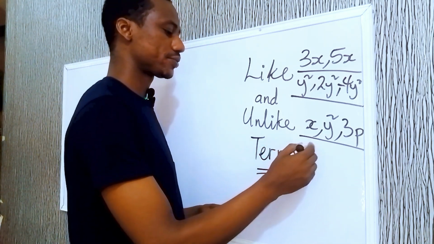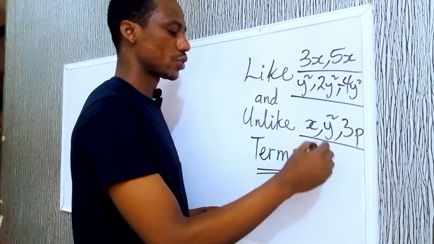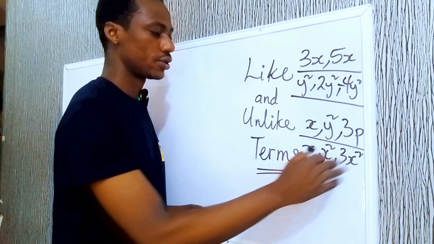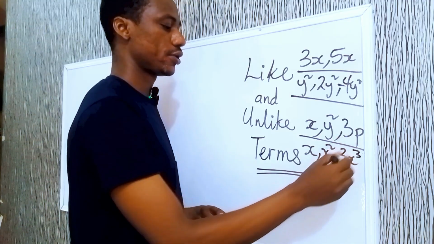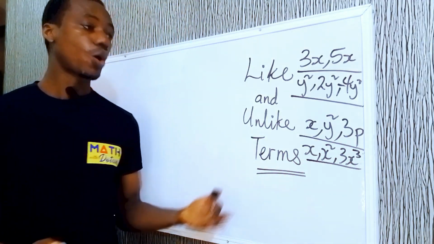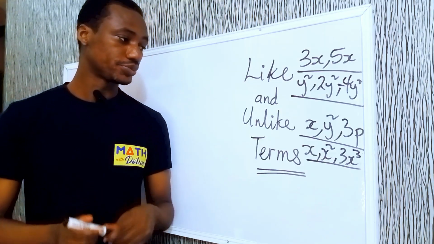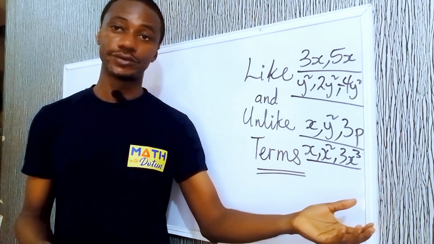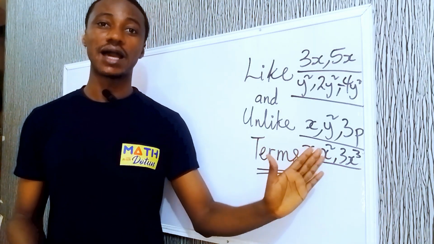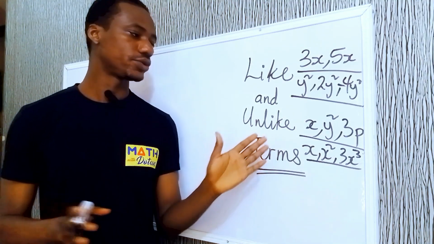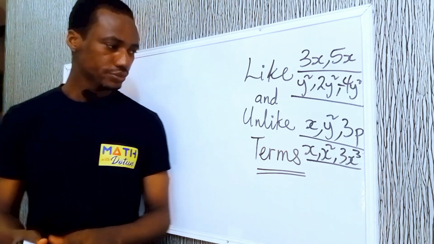So you have x squared, 3x squared, 3x raised to power 3. These are unlike terms because though they have the same variables, the variables are of different powers. These are unlike, you cannot operate them.